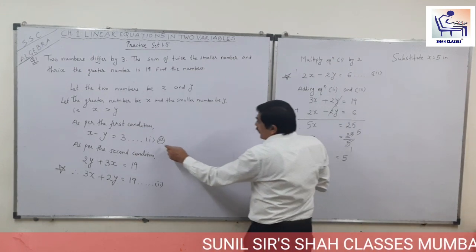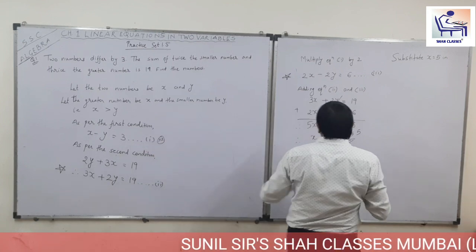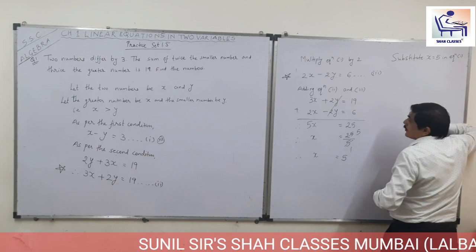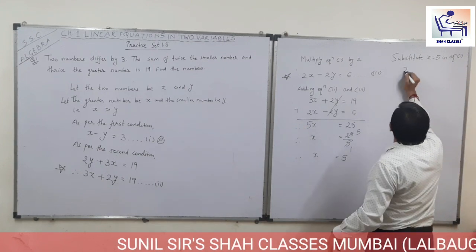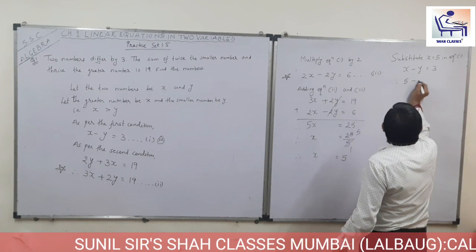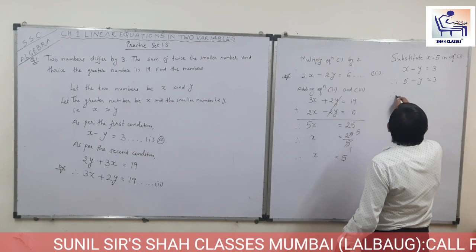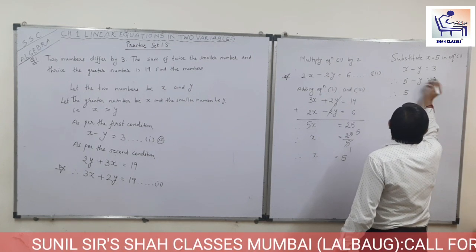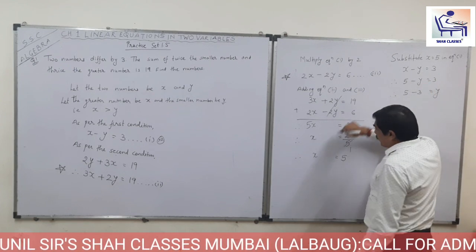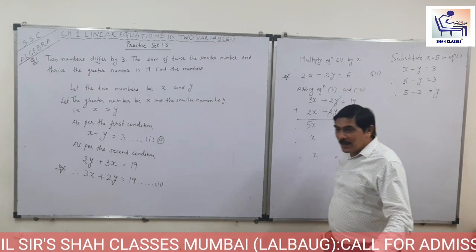I will substitute in equation 1. It seems very easy. So what is our equation? x minus y is equal to 3. So 5 minus y is equal to 3. Now 5 minus 3. Minus y goes on the other side. So it becomes positive y.